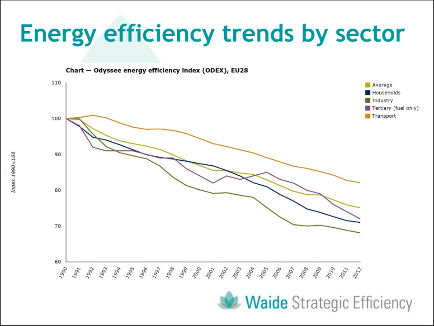And you can see the different plateaus of the industrial sector, quite a sharp improvement from 2004 to 2007, and then the plateauing out during the financial crisis, and a slightly slower rate since then, probably stimulated by the ongoing economic crisis in Europe and hence reduced investment in energy efficiency.